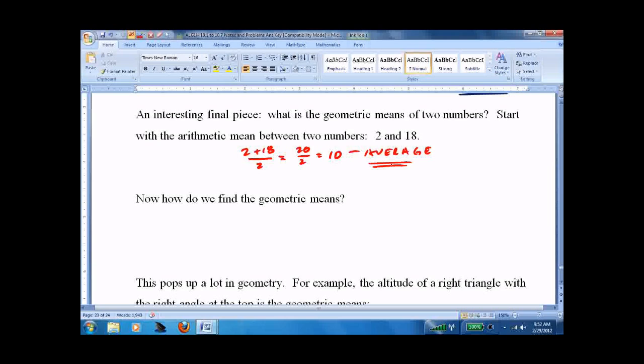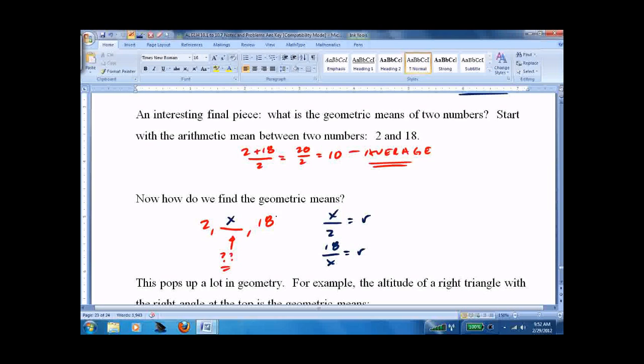How do we find the geometric mean? Well, geometric mean means that it's the term that's missing. As in all algebra, we'll call it x. And, as we just showed before, if it's set up like this, it means the common ratio is x over 2. Or the common ratio is 18 over x.